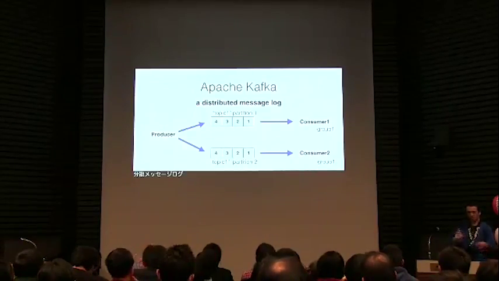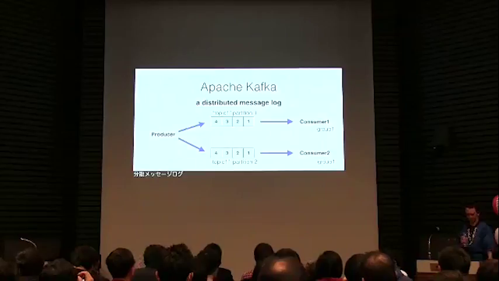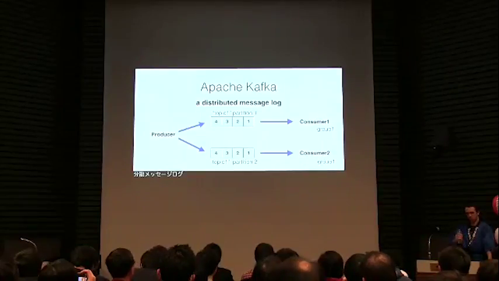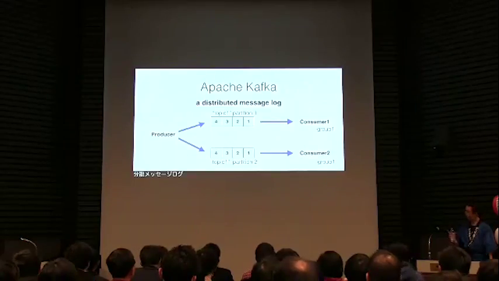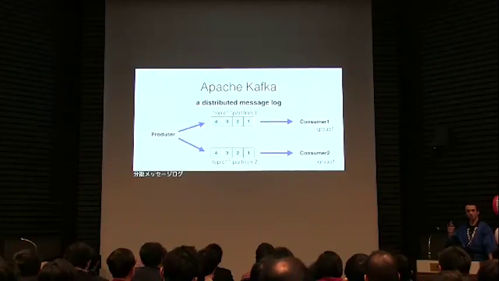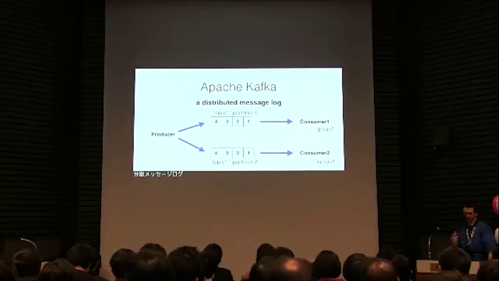This means that they belong to the same group. These consumers are basically two instances of the same thing. So if another consumer from the same group joins the cluster, it will balance and reassign partitions. This means that now one consumer will read from one partition and the other one will read from the second partition. So now we have two instances of the same consumer, and the data is read in parallel.